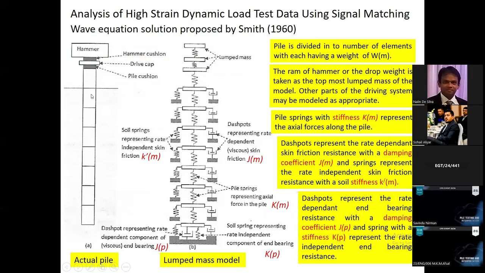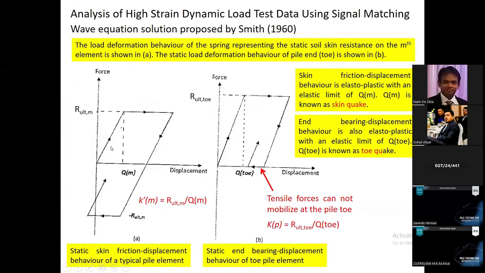This segment may be surrounded by sand, this segment may be surrounded by clay. Likewise, you can have different soils surrounding the pile, so you will have different curves like this. So for each pile segment, there is a model like this, right? This is the toe response.